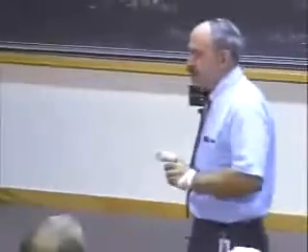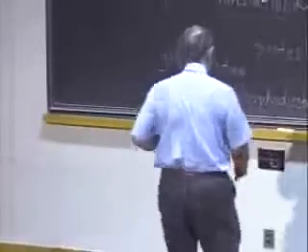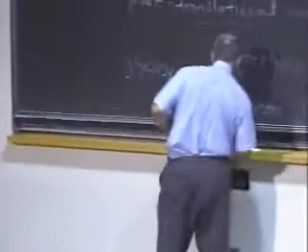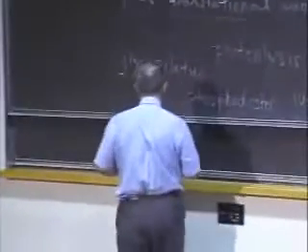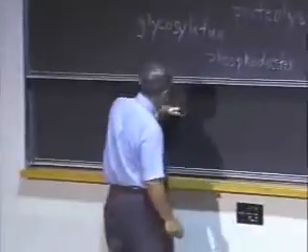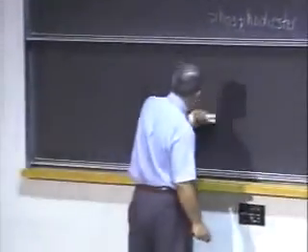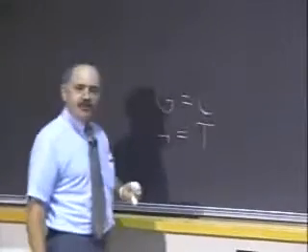There's another corollary that we can deduce from this diagram, and that is the following. If it's always true that A equals T and G equals C. By the way, this is an interesting story.